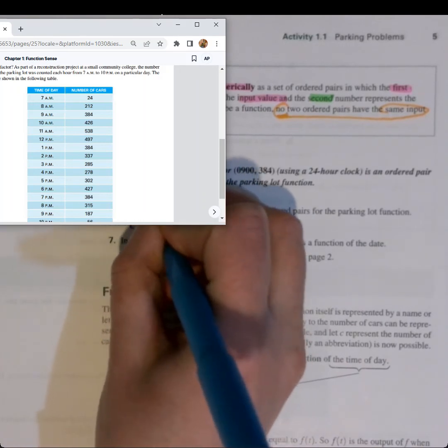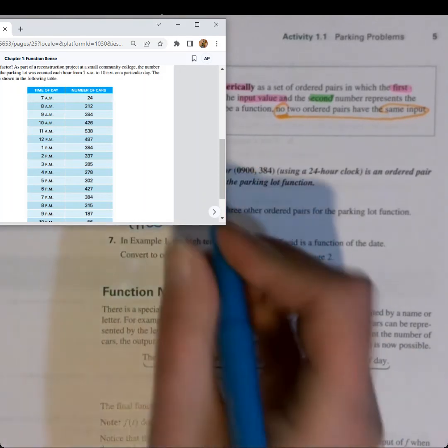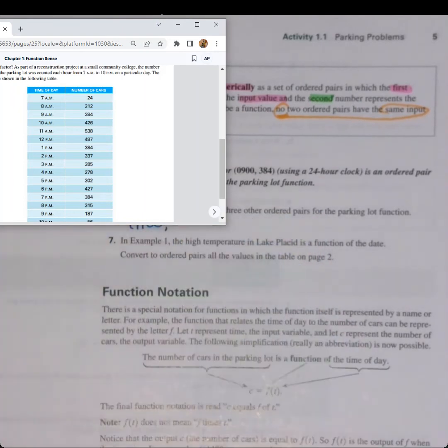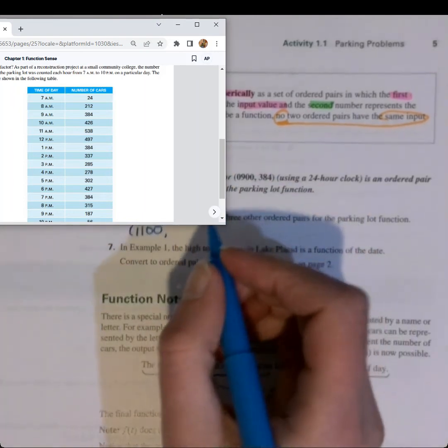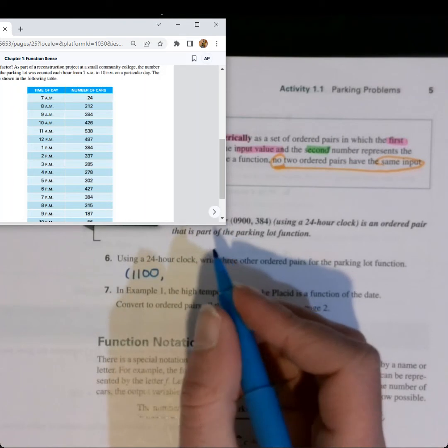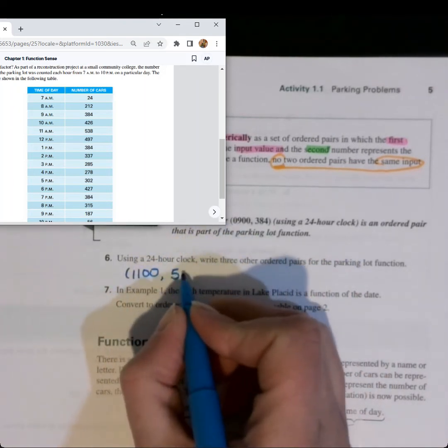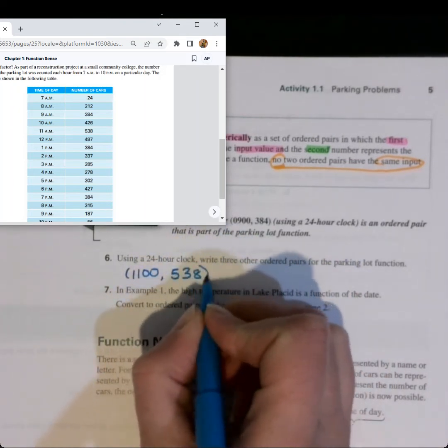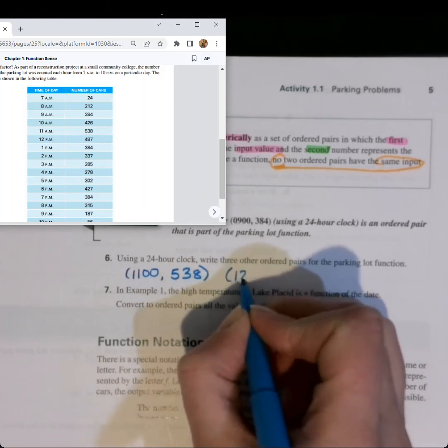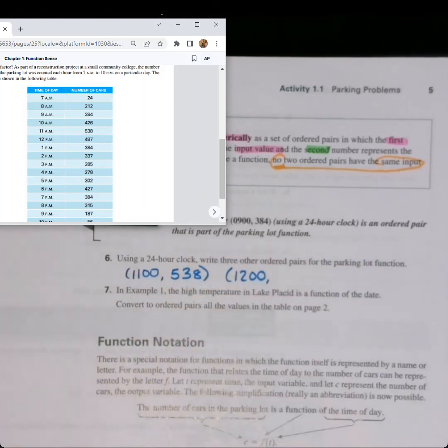So let's say 11 a.m. would be 1100, just military time or a 24-hour clock, comma 538. Then noon would be 1200, comma 497.